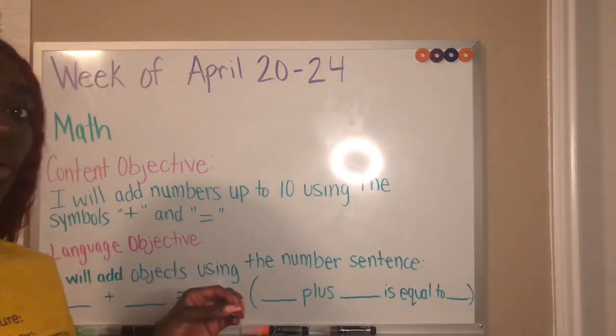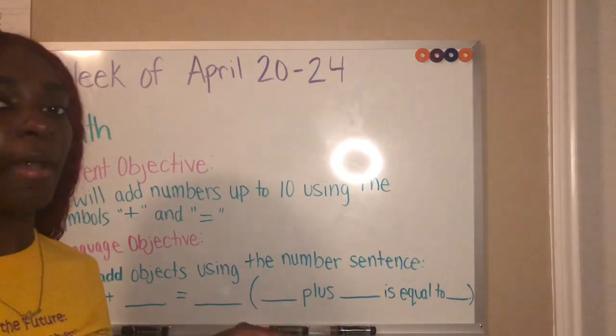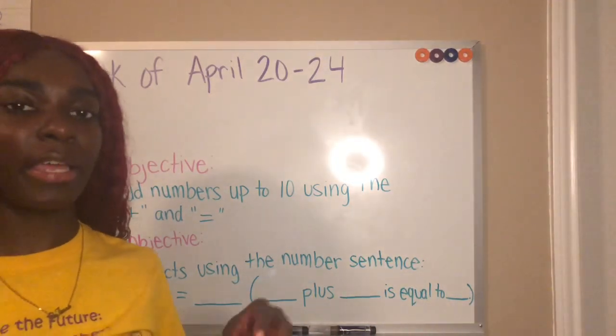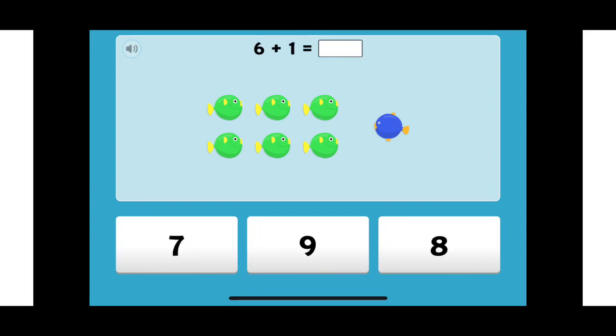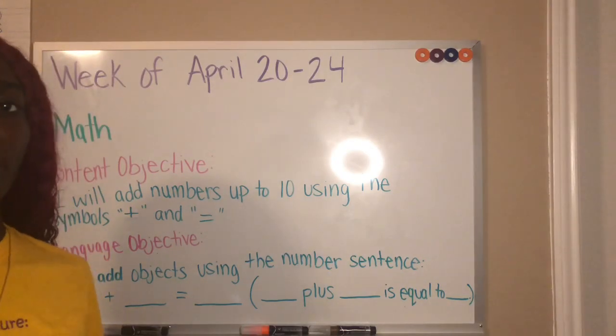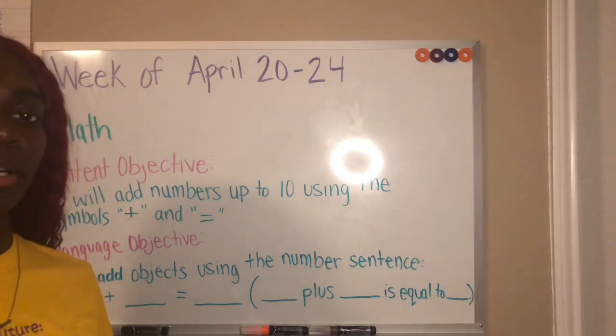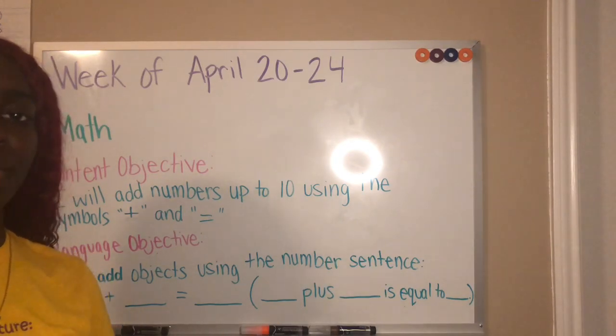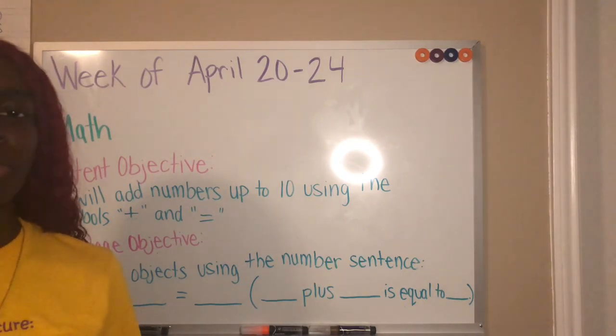Can you count all the fishes with me to see how many fish there are in all? 1, 2, 3, 4, 5, 6, 7. So there should be 7 fish in all, giving us the problem 6 plus 1 is equal to 7. If you got all these problems right so far, kiss your brain.